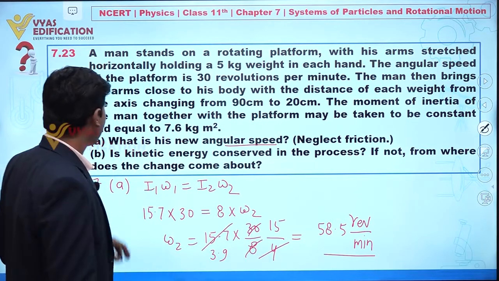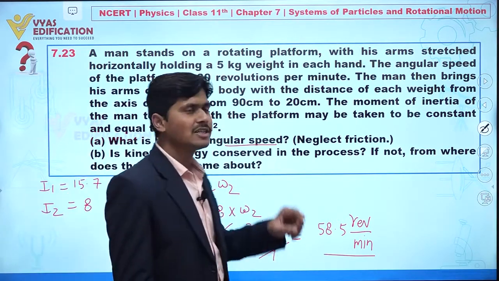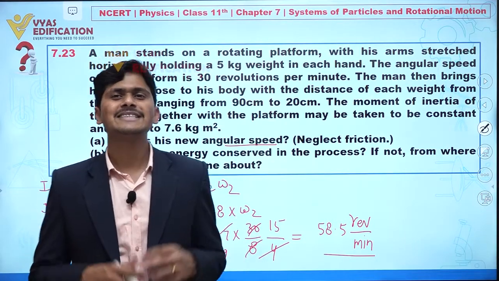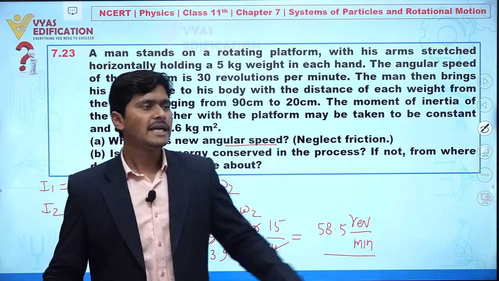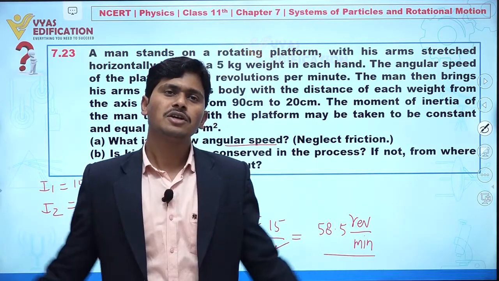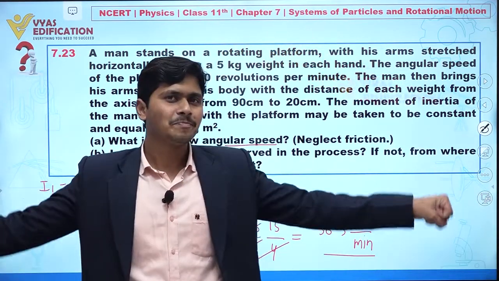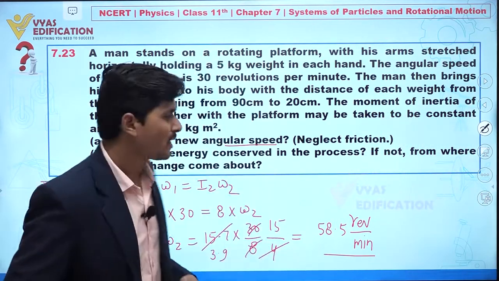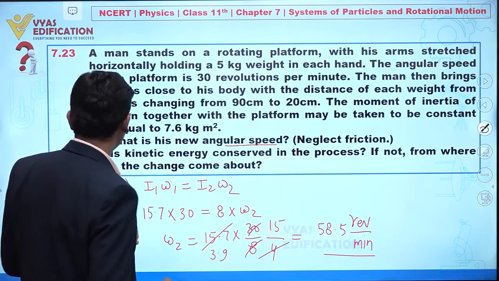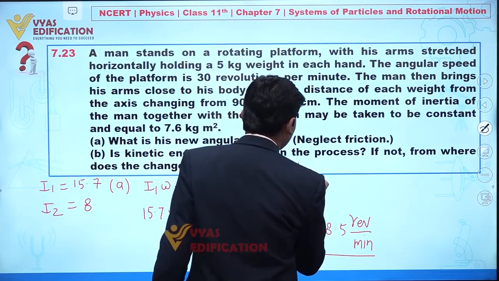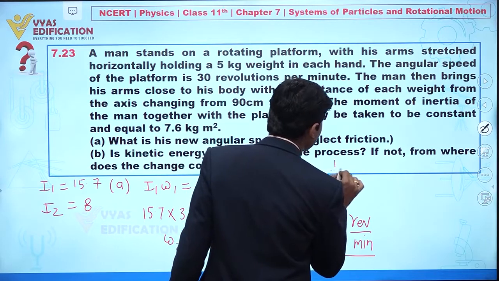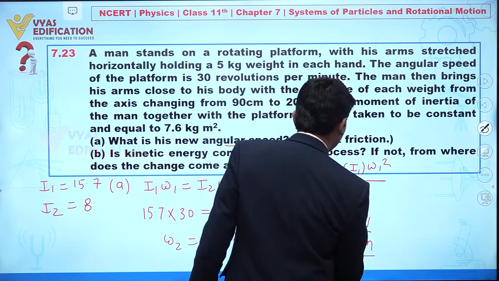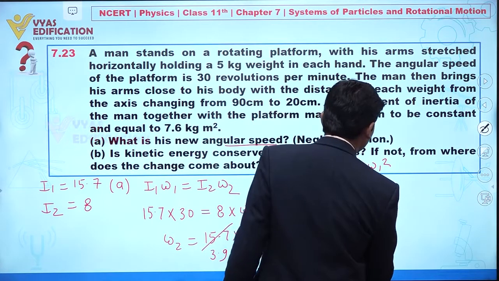Now the important part: it is given that kinetic energy is conserved in the process. Generally you will find that in this case kinetic energy increases, because as you fold your hand, your internal energy is converted into the kinetic energy of the platform. We can also calculate it this way. The ratio K1 over K2 is 1 by 2 I1 omega 1 square divided by 1 by 2 I2 omega 2 square.